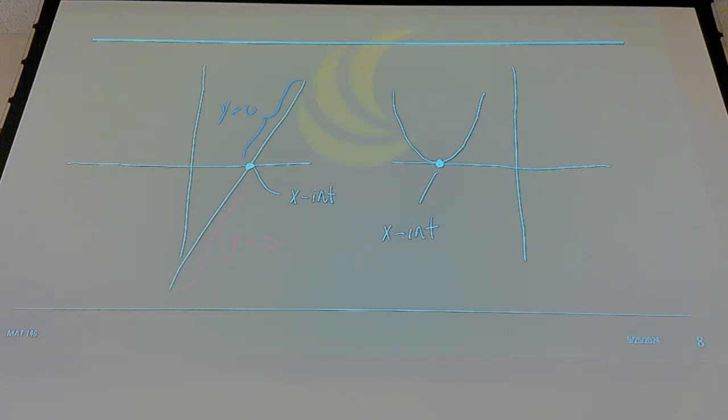What's the function actually doing then at the point? So that x-intercept is also a what? You said it earlier. It's a turning point. So zeros with even multiplicities are turning points.